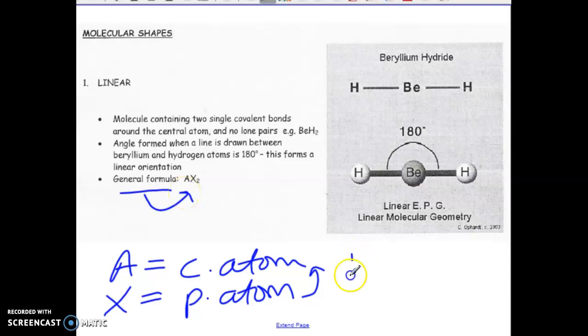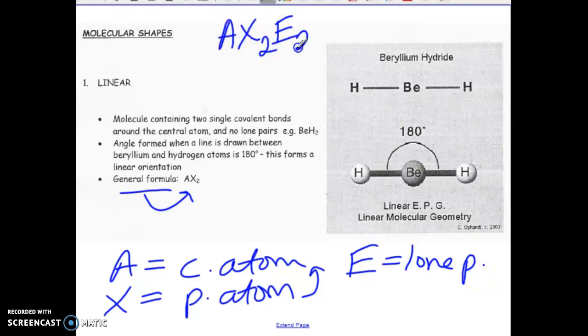You're also going to come across the letter E. The letter E represents a lone pair of electrons. So for example, if you see AX2E2, that means you have a central atom with two atoms bonded to it, and they could be the same element or different elements. It doesn't matter, it's just atoms in general. And then it has two lone pairs of electrons. Remember, this is always in reference to what is happening at the central atom.